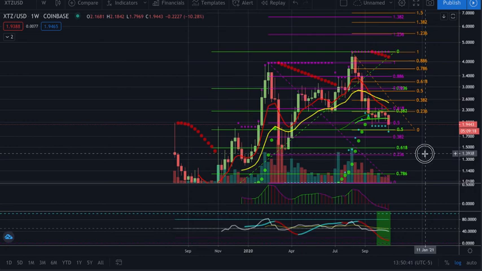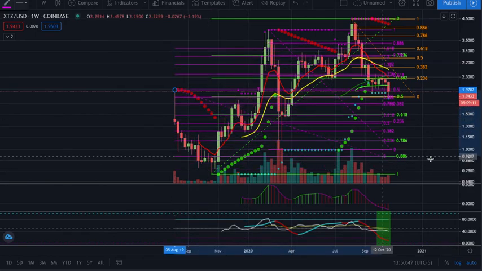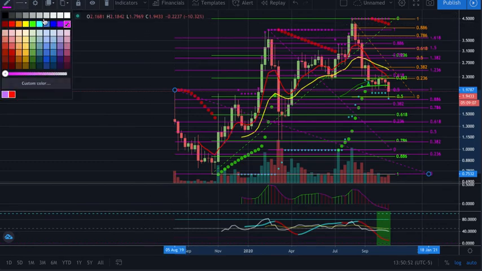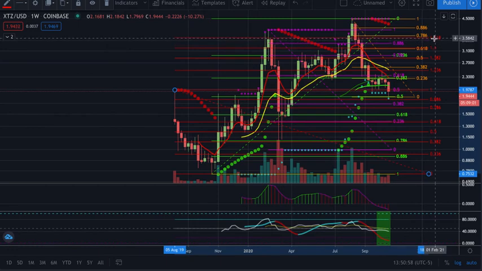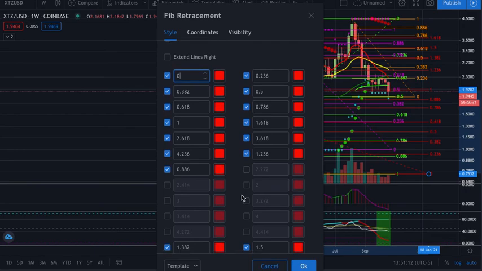Now, if we go back one more time, and I have in here a bunch of fib extensions, but I don't have the, let me put in the 1.786 real quick.